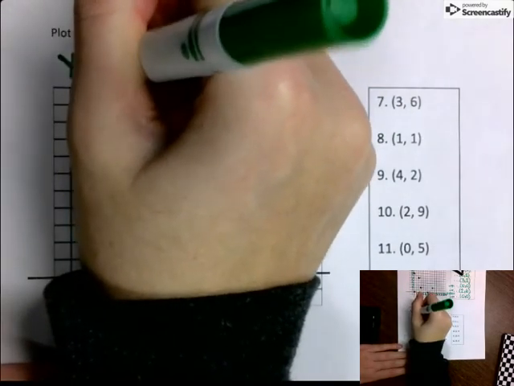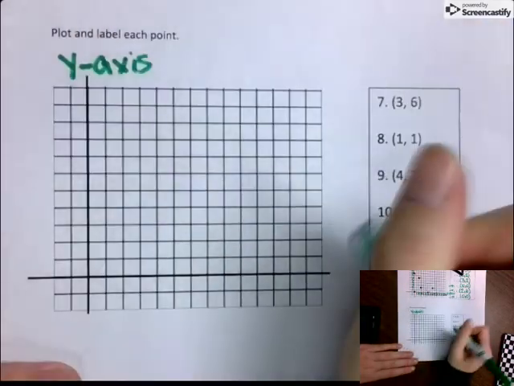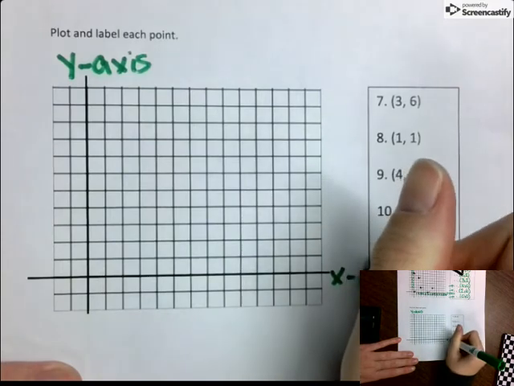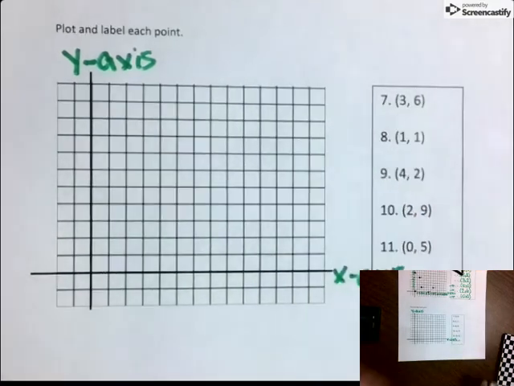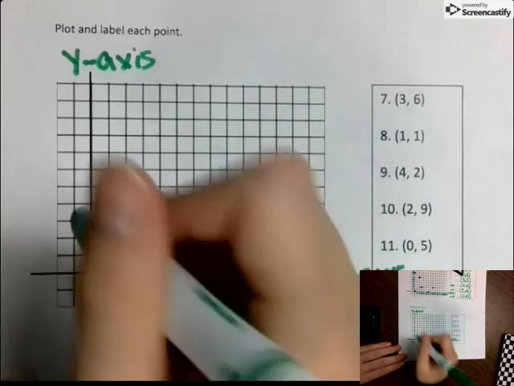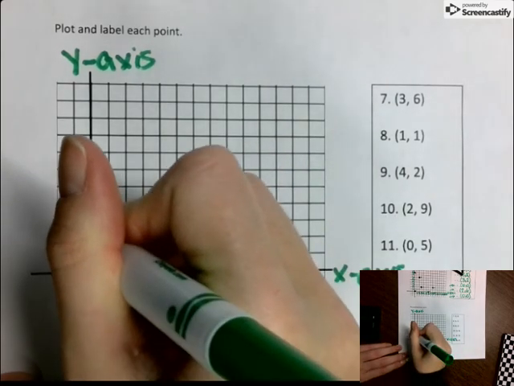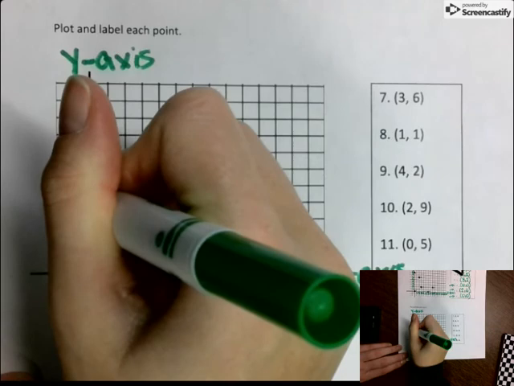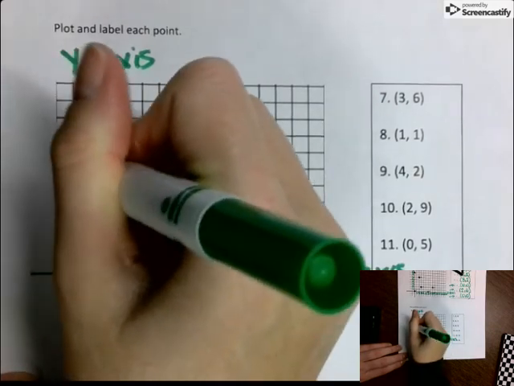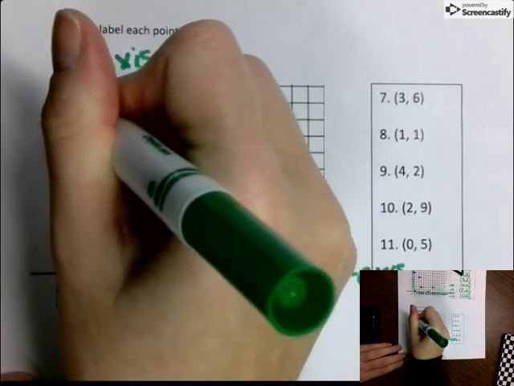Let's start with labeling. This up and down is our y-axis. Left to right is our x-axis. Let's start with 1, 2, 3. Remember, we are going on the lines.